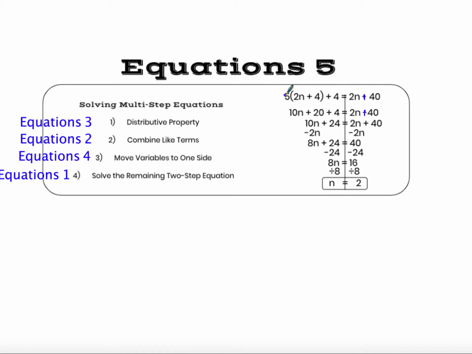So first, distributive property. Anytime there's parentheses, you're going to get rid of them, which we did here. Next, you're looking for like terms, 20 and 4, and combining them as we did to get 24. If there are then variables on both sides of the equal sign, you will need to move one of those variable terms to the other side, in this case by subtracting 2n from both sides. And then you're left with a two-step and then a one-step equation.